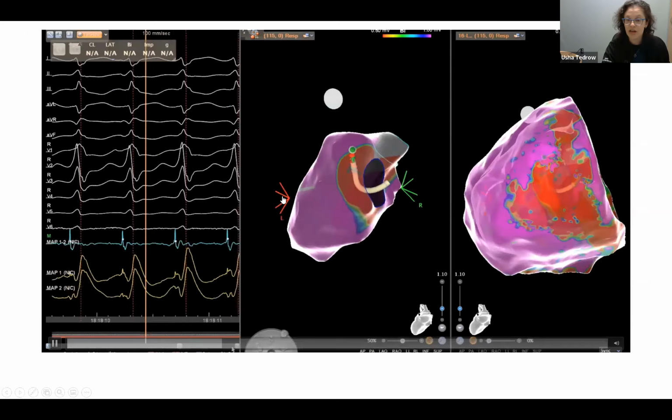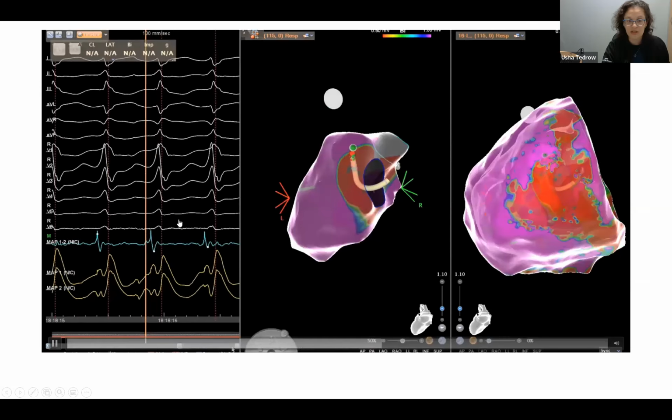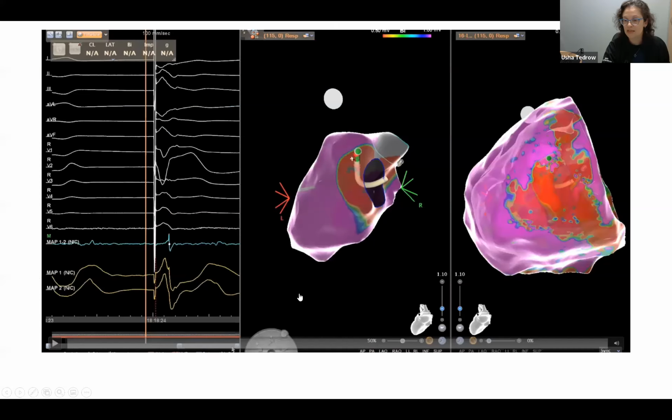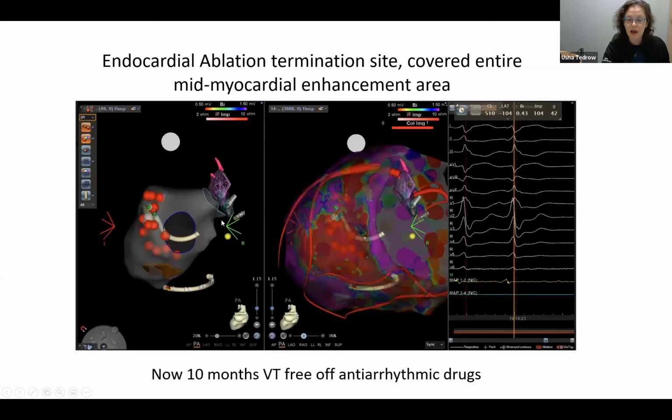In contrast to the previous ablation that I showed you that took 20 seconds, this one terminated VT in about 10 seconds. In the end, our lesion set was targeted to cover the extent of the scar on the inHEART scan, all the way from the most superior aspect of the mid-myocardial scar to the inferior aspect.